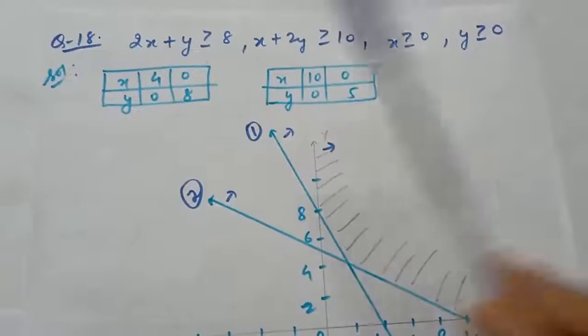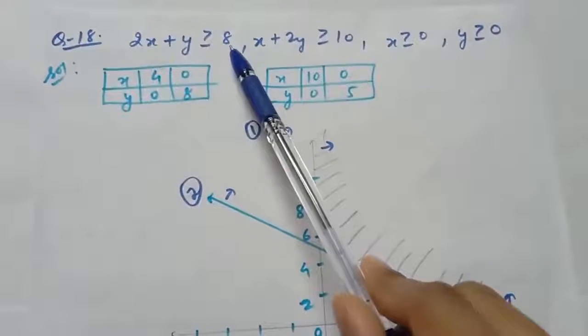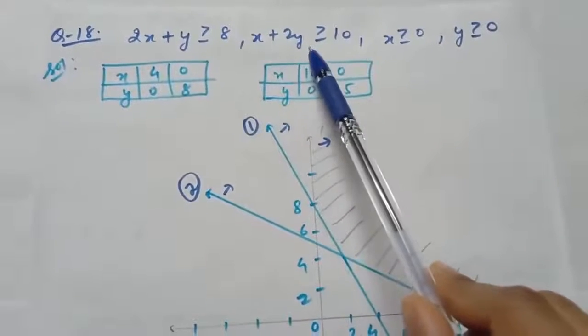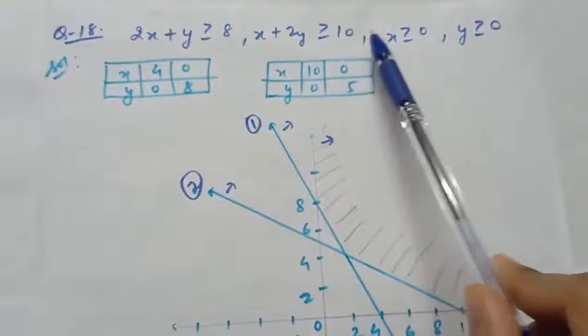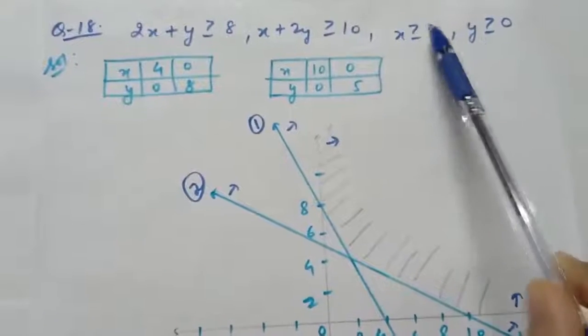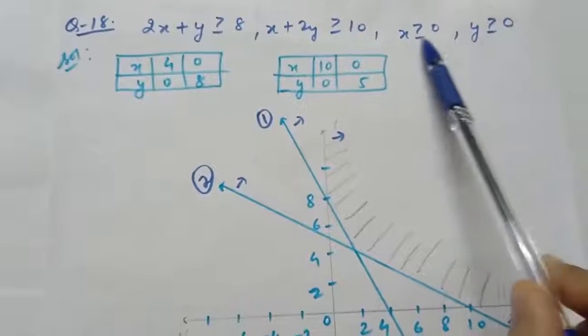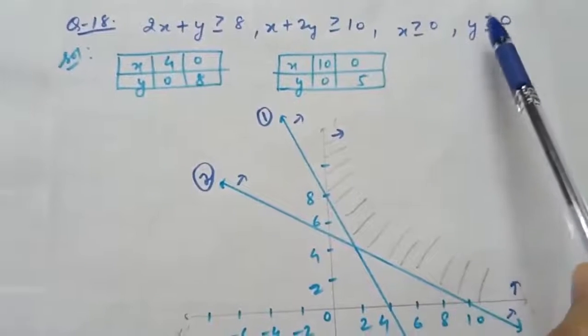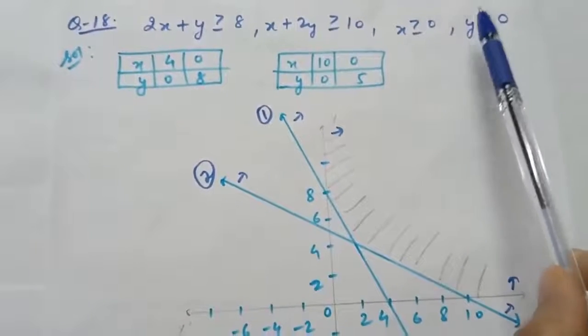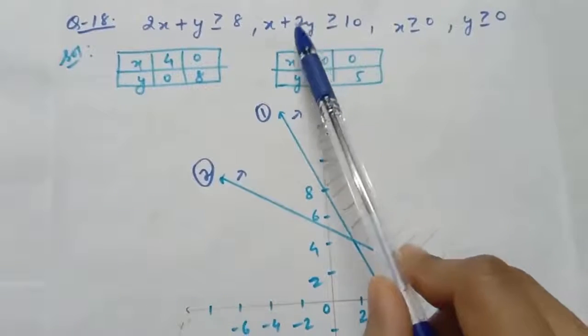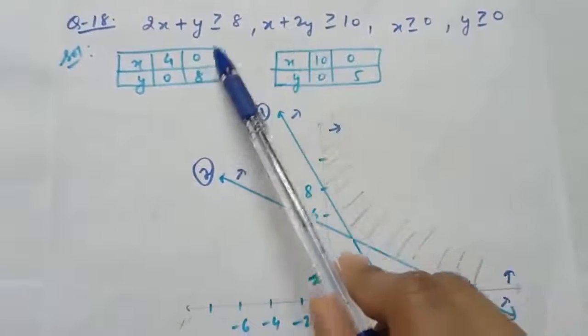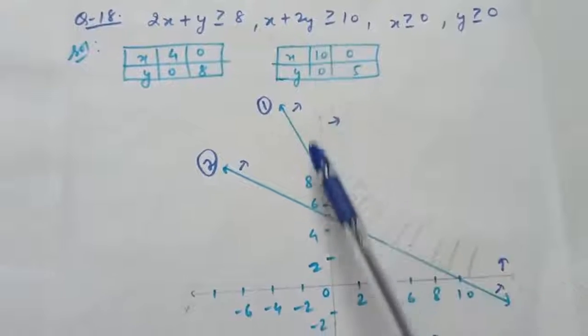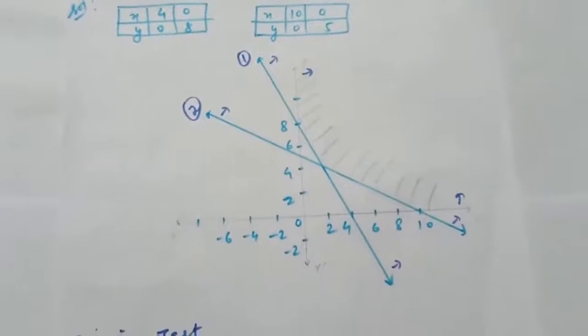Question number 18. 2x plus y greater than or equal to 8, x plus 2y greater than or equal to 10, x and y both greater than or equal to 0. So because of this, we know the solution will lie in the first quadrant. And we will draw the graph of these equations taking equality in place of the inequality sign, right? So you will get the graph as this.